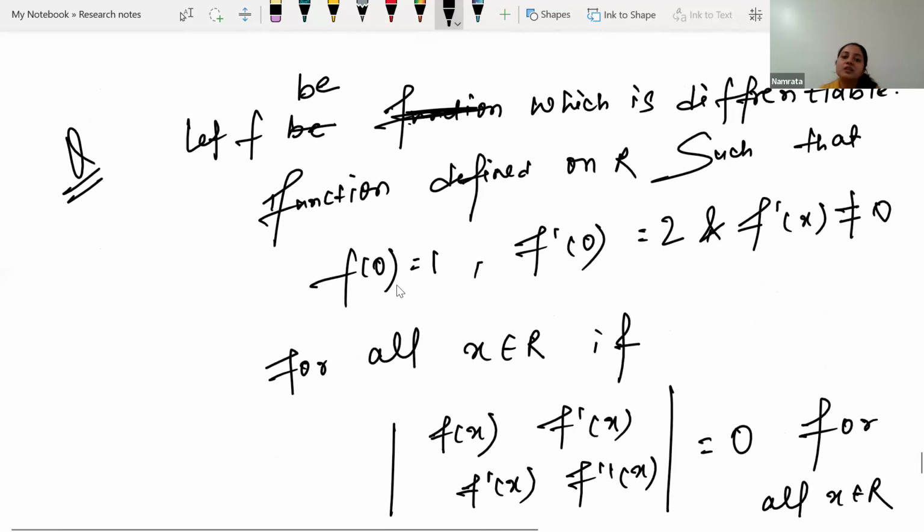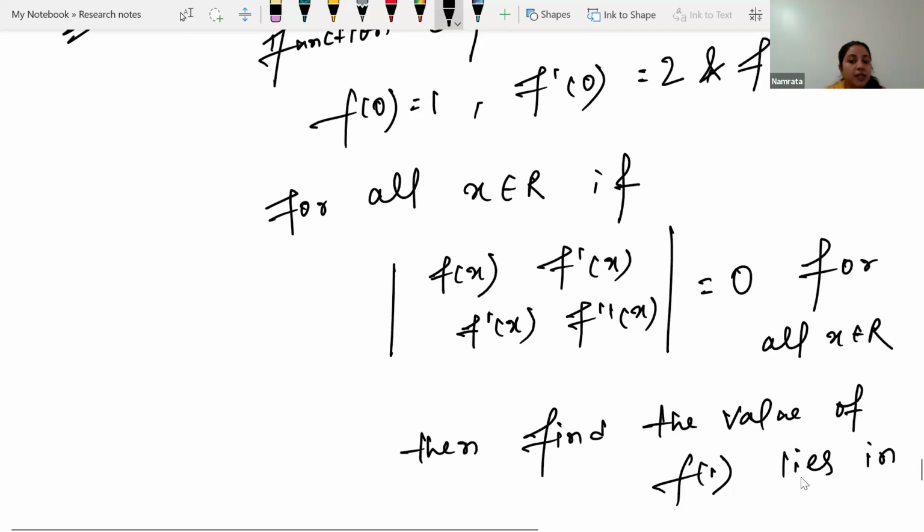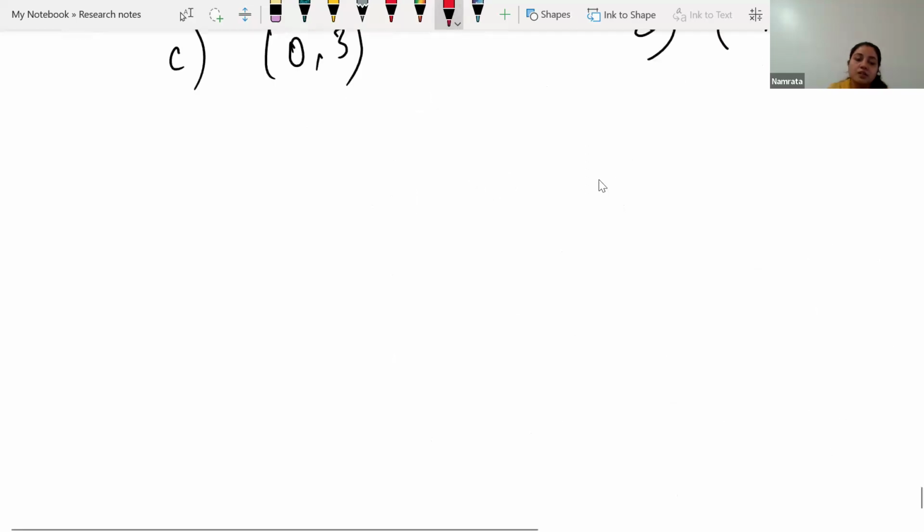F is a differentiable function, and the condition is given over here. One determinant is given, and we have to find the value of f of 1 by using the given condition and the determinant. Let's take the determinant first: 1, fx, f dash x, fx, f dash x, and the last one is f double dash x.